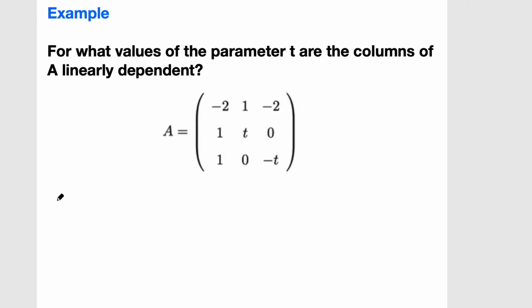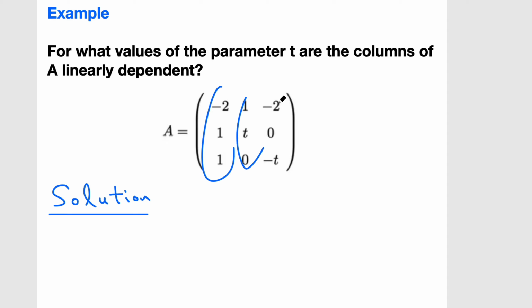So if we were to use the definition, let's write a solution. I could skip this part, but I just want you to understand what we're doing, okay? What does it mean that we want the columns to be linearly independent?